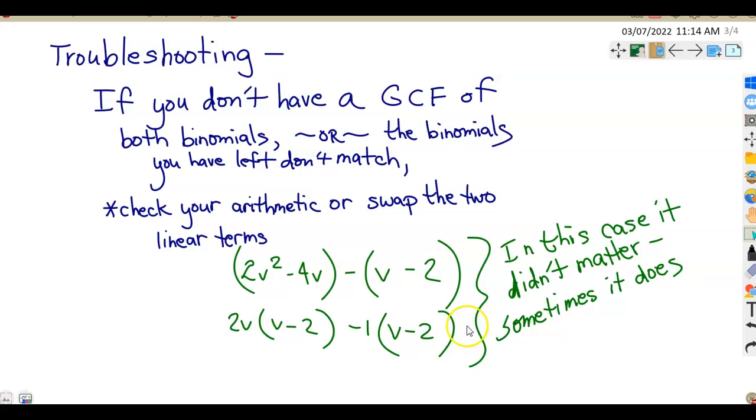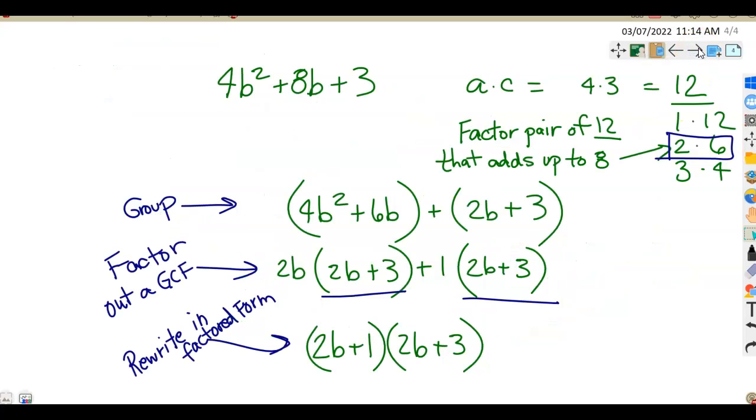Factor by grouping. Let's see it one more time. So here's another problem. 4b squared plus 8b plus 3. So a times c, 4 times 3 is 12. I'm looking for a factor pair of 12 that adds up to 8.